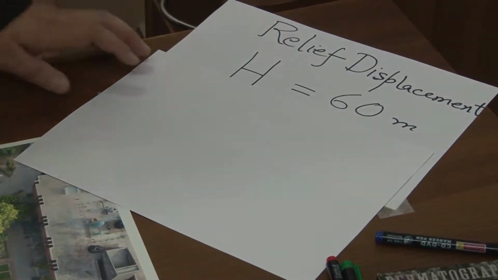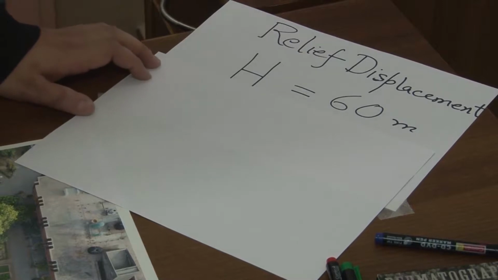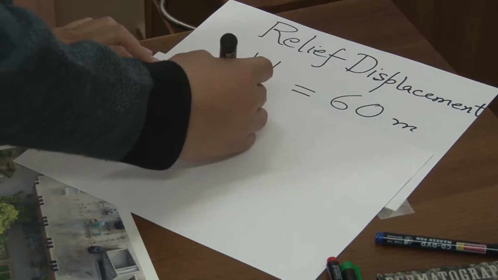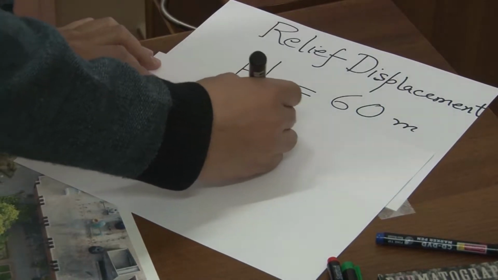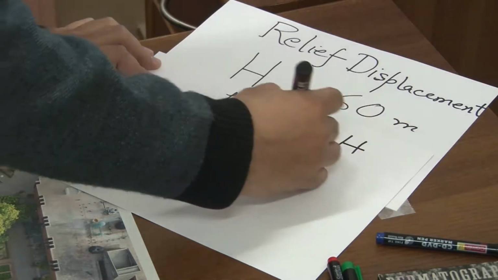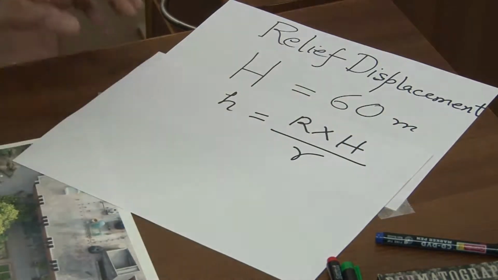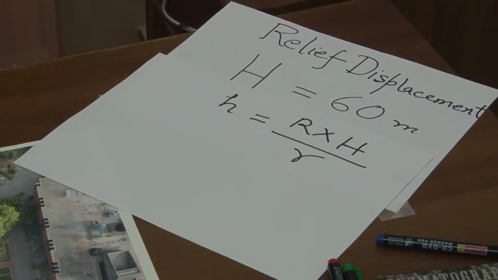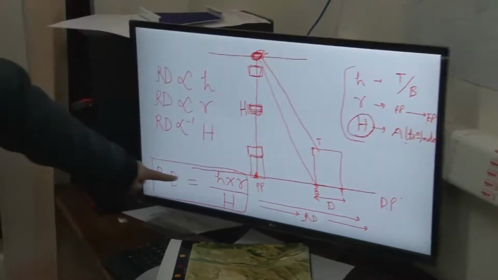So in case you need to calculate the height of an object or a building, what you will do is take your h here, and R into capital H divided by small r, from here, on this screen you can see.